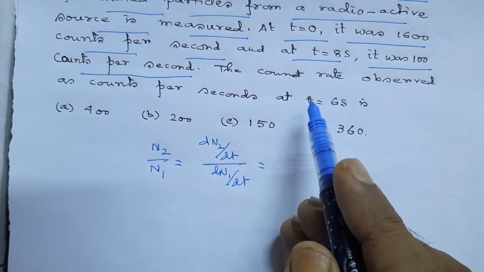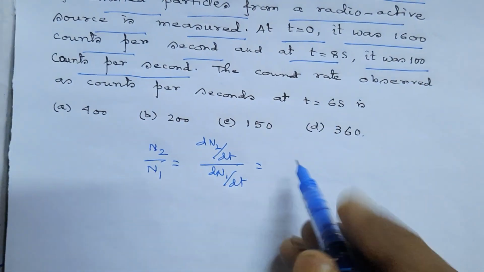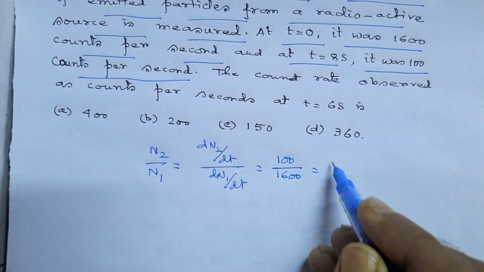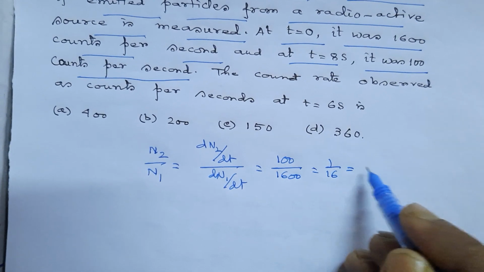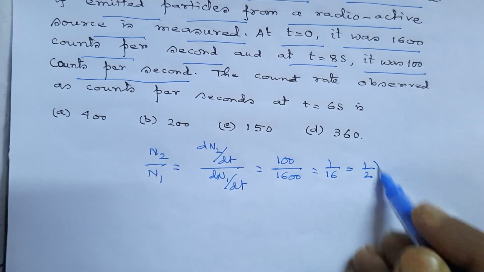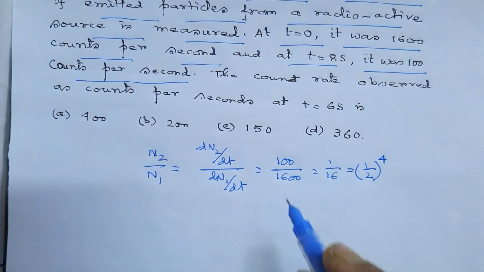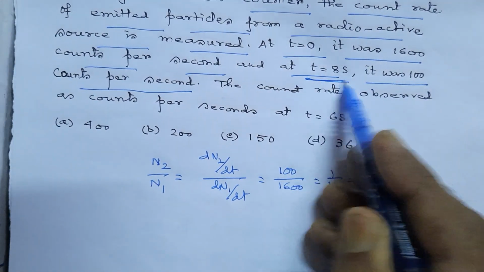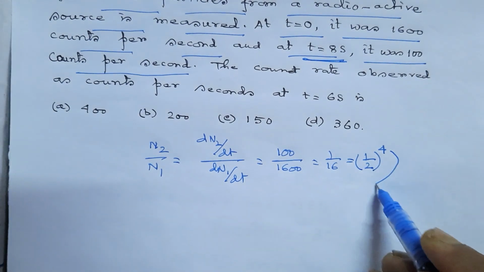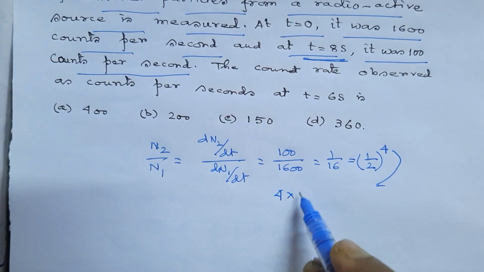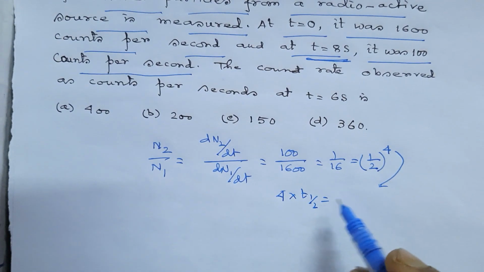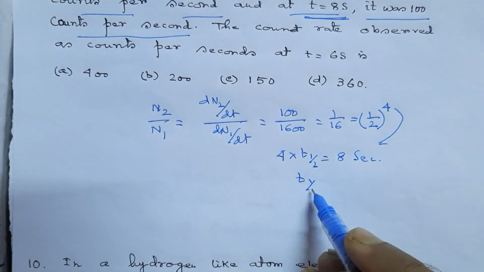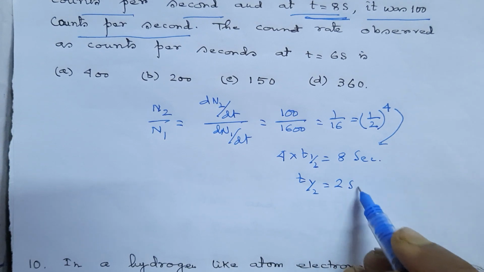So the N2 by N1 ratio is proportional to dN2 by dt over dN1 by dt. dN2 by dt becomes 100, whereas dN1 by dt was 1600. So the ratio is 1 by 16, which is half to the power 4. So within this span of 8 seconds, we come across 4 half-lives, that is 4 into t half equals 8 seconds. So t half equals 2 seconds.